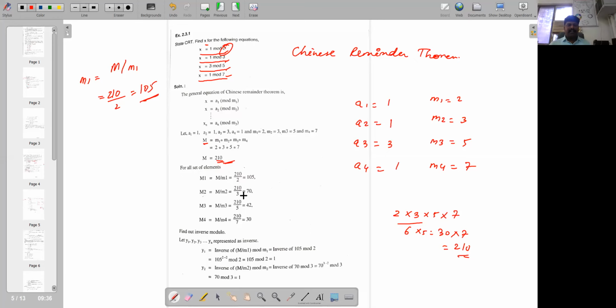Very similarly, for M2 we get 210 upon 3, which is 70, then 42 and 30. Is it clear so far? Any queries?